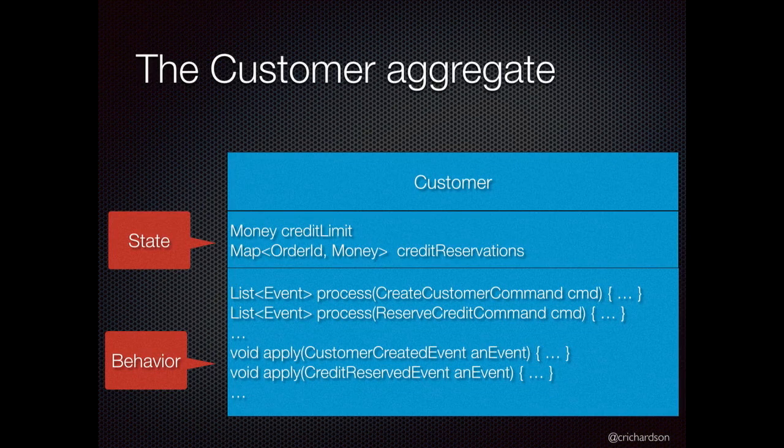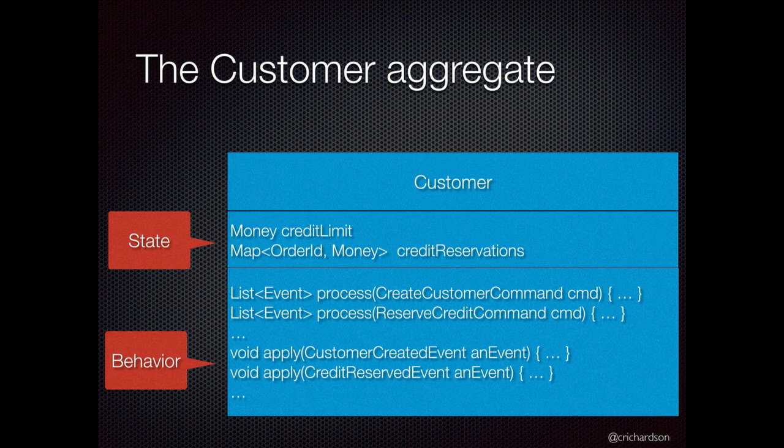So if you look at an aggregate, like here's the customer aggregate. It has some fields like the credit limit, credit reservations. Then the methods are somewhat different. There are process methods that take commands, which represent requests to update the customer. And they actually yield a sequence of events. So those methods don't change the state of the customer. They give you the events that represent the state change.